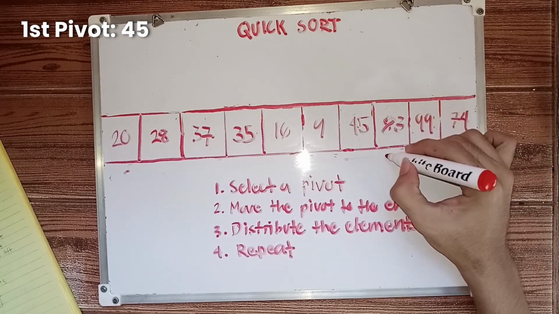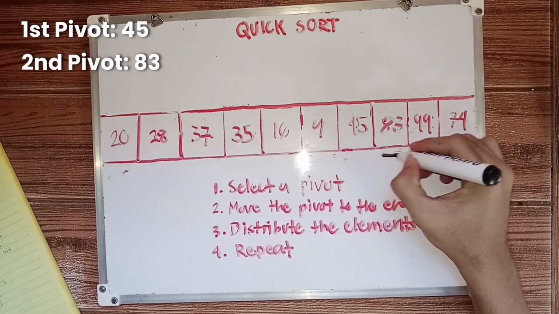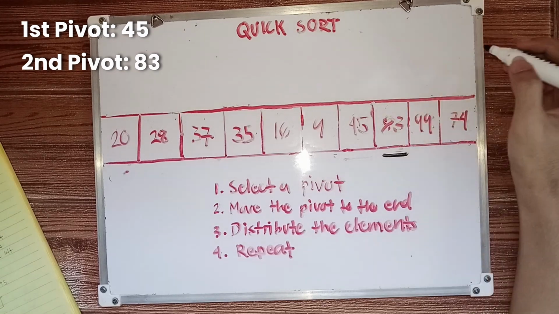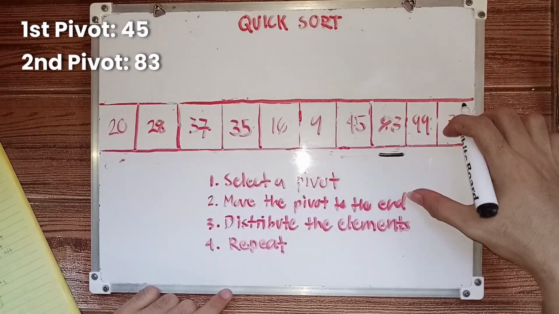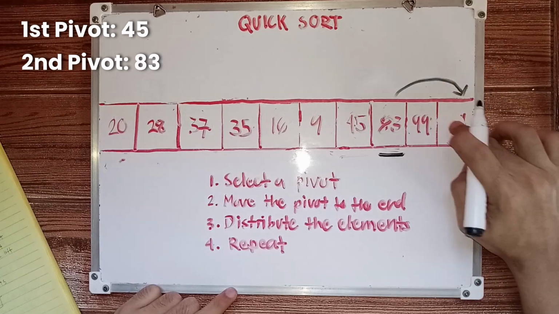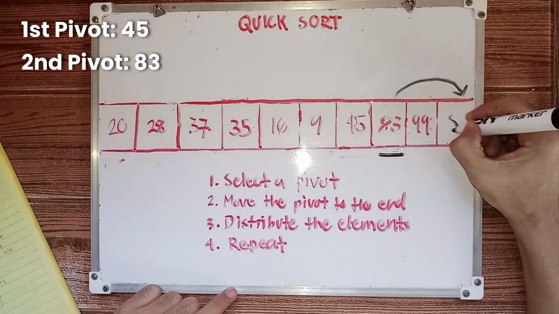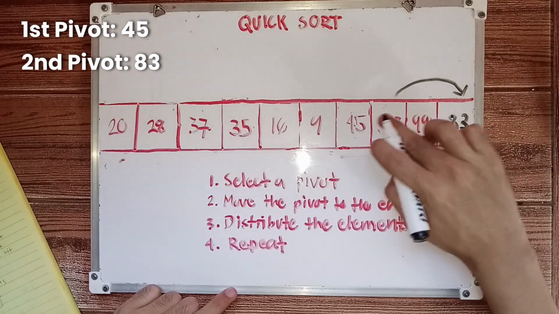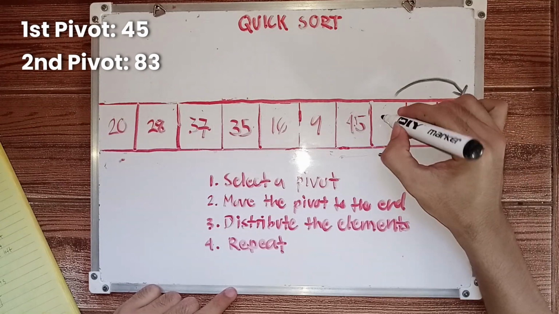Now we can select 83 as our pivot. We need to again move the pivot to the end, making this 83 and this 74.